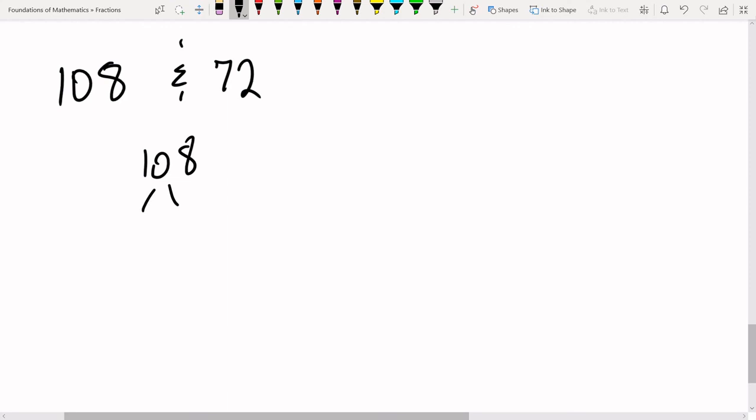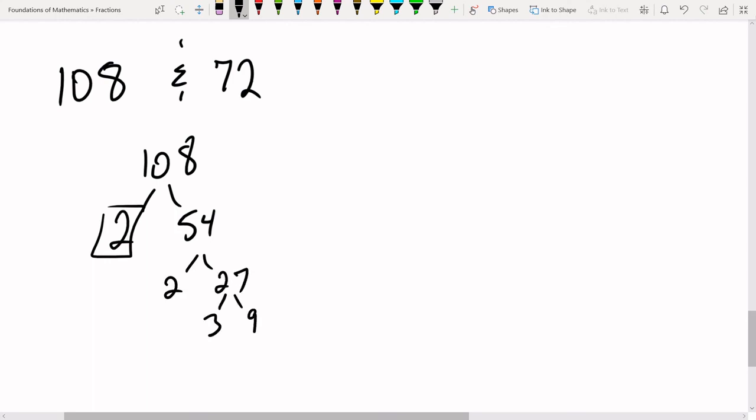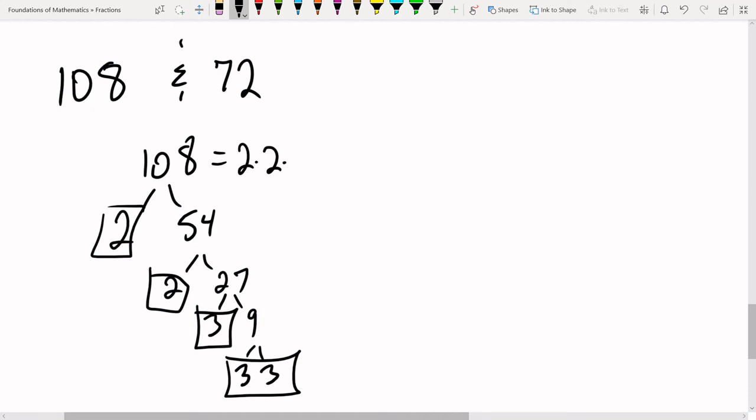Let's just do that real quick to give you experience in doing that. 2 times 54 is 108. 2 is prime, 54 is not. 2 times 27. 27 is 3 times 9. And 9 is 3 times 3. And you can see these are all prime numbers here. So 108 is 2 times 2 times 3 times 3 times 3.